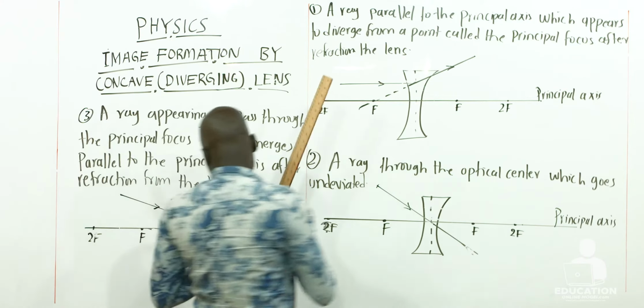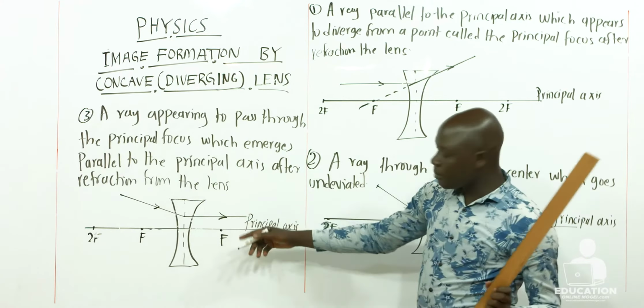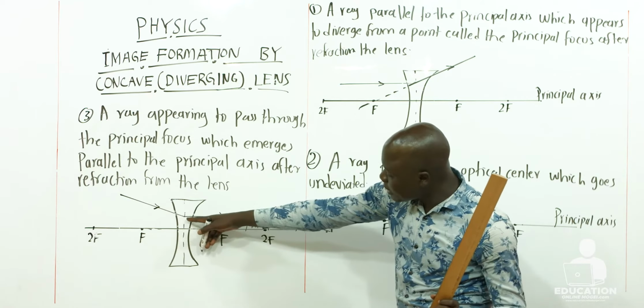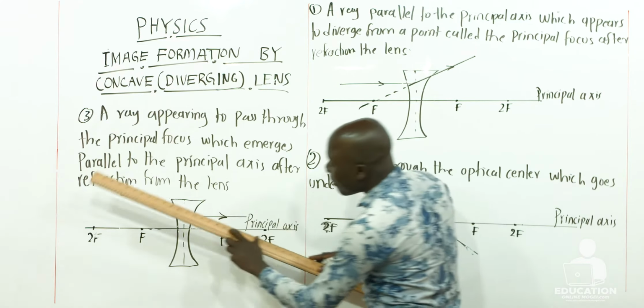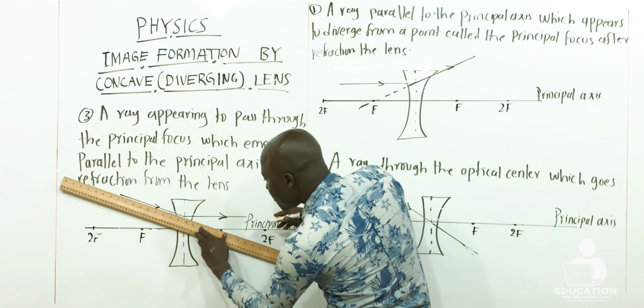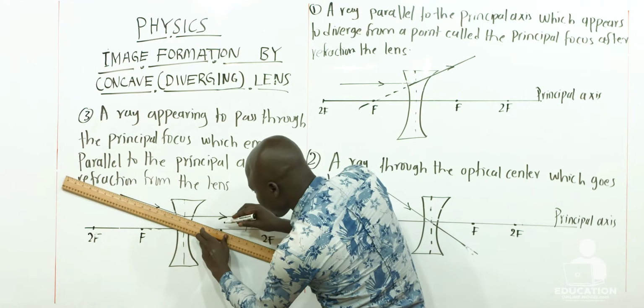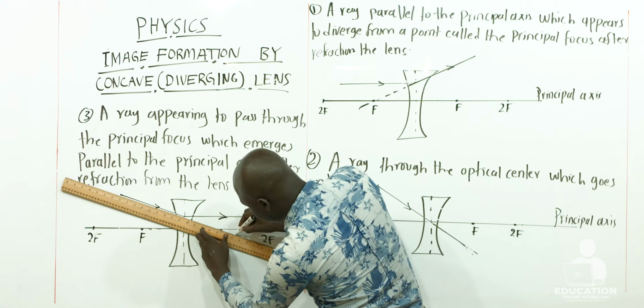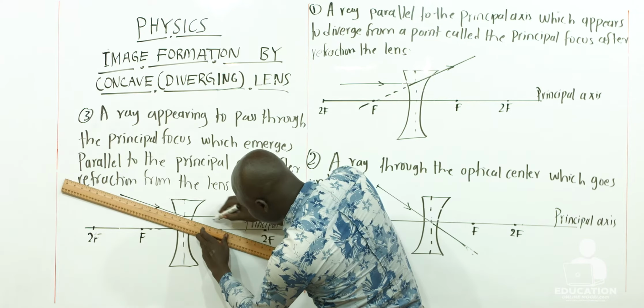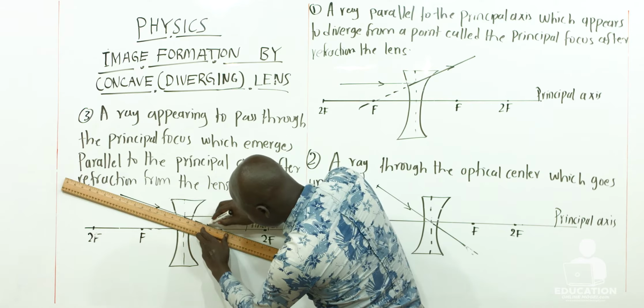This is how the ray will be refracted. But when we project it in its original direction, it will appear to be passing through this point, which is called the principal focus of the lens.